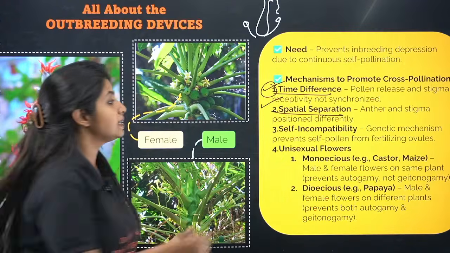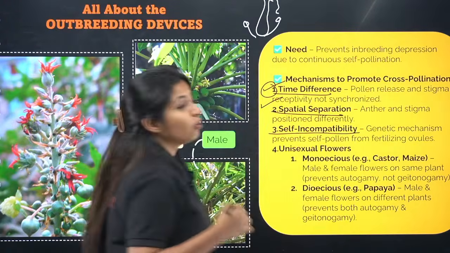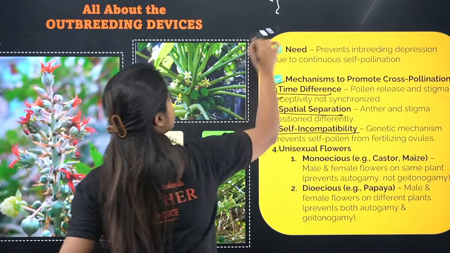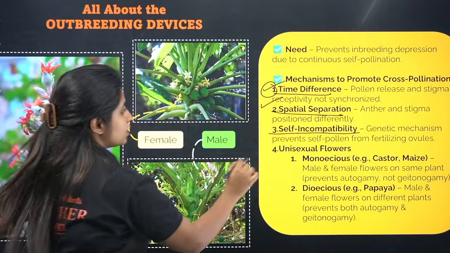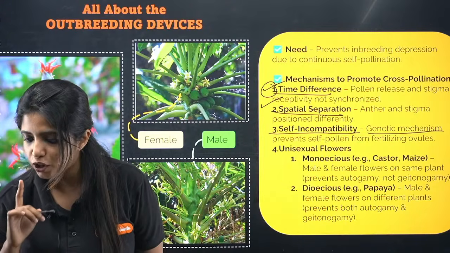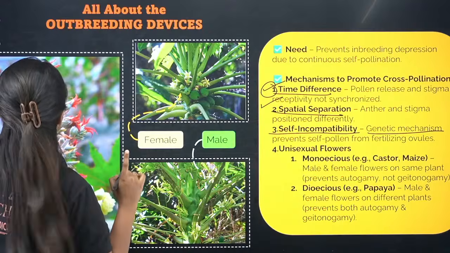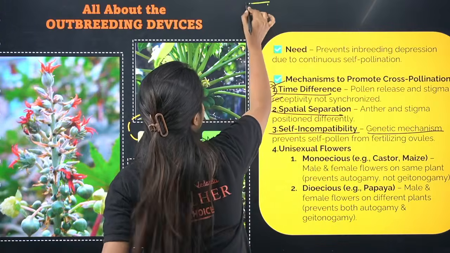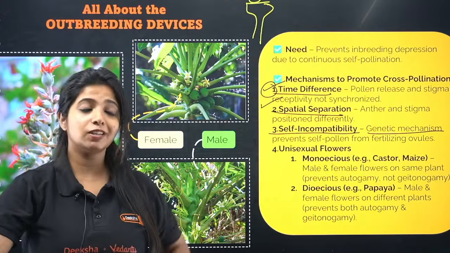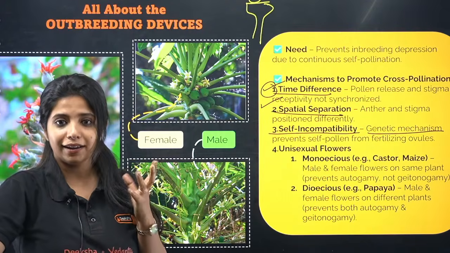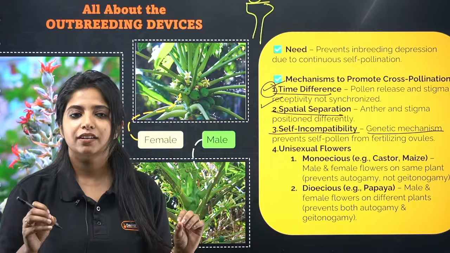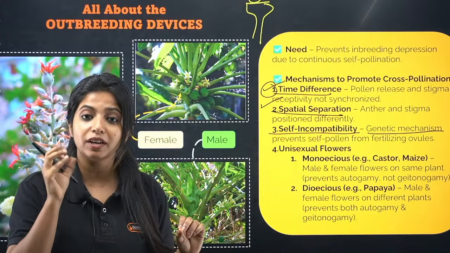The third one is self-incompatibility. What do you mean by that? Self-incompatibility is a genetic mechanism. Please remember that. It is a genetic mechanism where one very important thing is going to happen, and I'll tell you what that is. So the stigma is there, the pollen is there. The pollen comes and lands, and the stigma is like, I don't care, because genetics is playing a very important role.